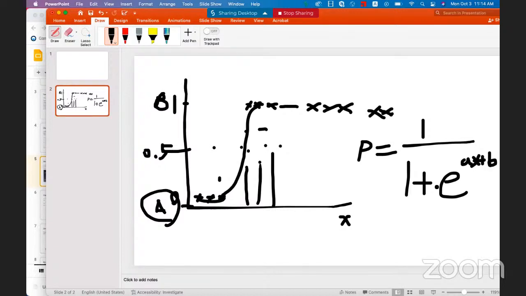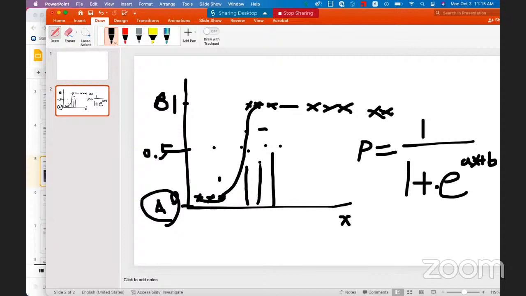So this x, and then you get the p-value, and this p-value is between 1 and 0. If this one is close to 0, then this probability is 1. And if it goes very large, then it's close to 0.